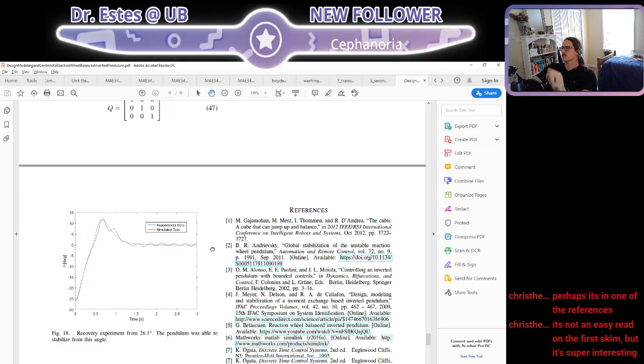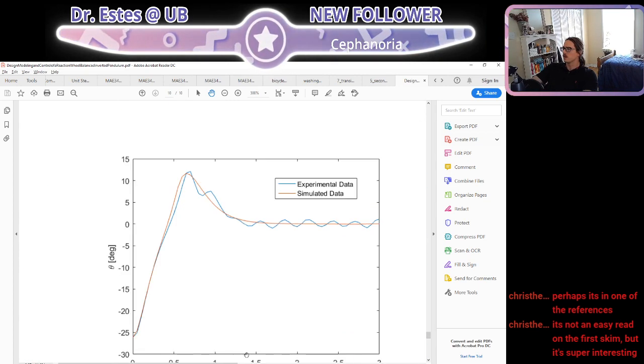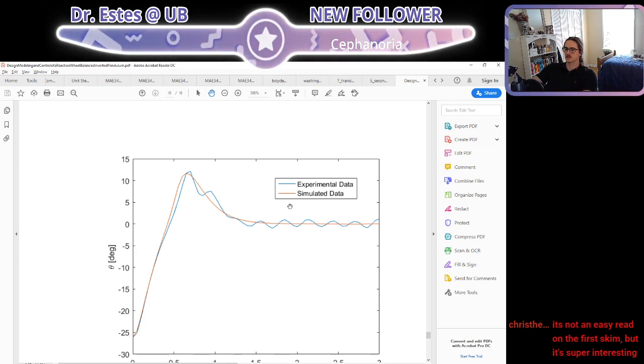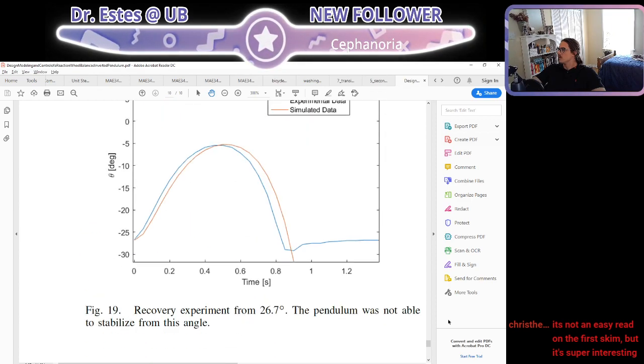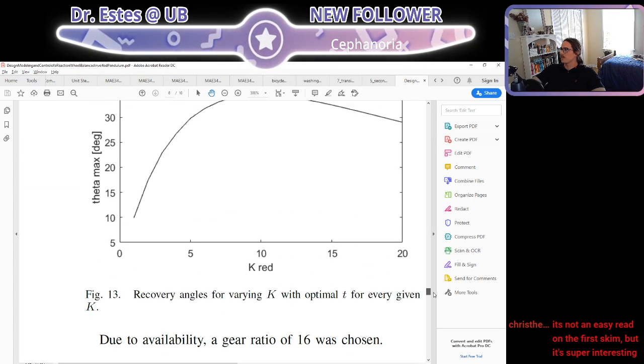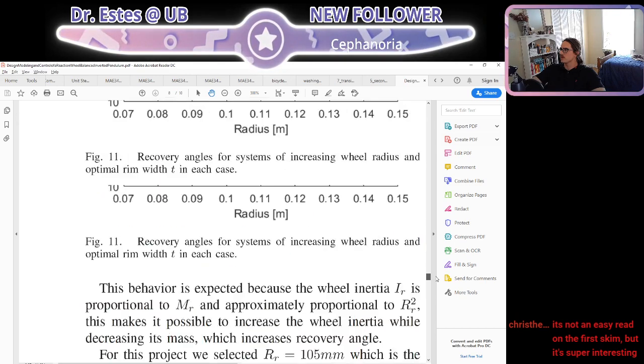This is interesting to look at, like, their simulated system has no oscillations, but the experimental does. So it's showing that they predict the closed loop system roots to be somewhere that they are not in reality. Which is the same thing we ran into in digital controls.